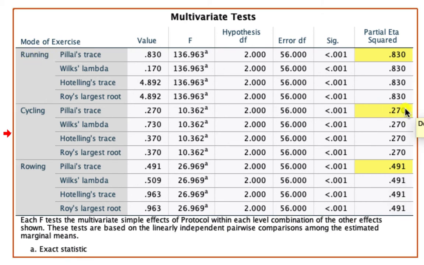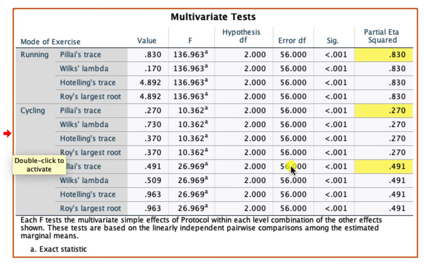There's a large effect size for the differences between protocols for the cycling mode of exercise, or the cycling training group. And then there's a large effect size for the differences between the protocols for the rowing mode of exercise.